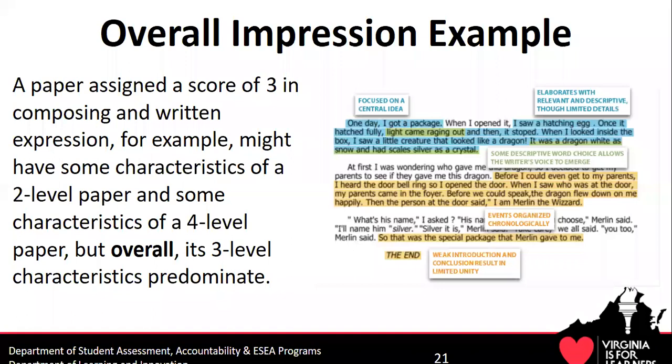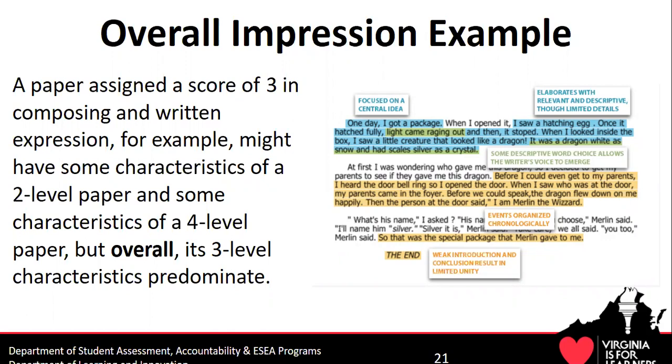So here's an example of what it means to make an overall impression. So you see a little screenshot of a student paper here on the right side of the screen. And you can see this is a screenshot that shows some overlays with notes. But you can see that this paper was assigned a score point of a 3.